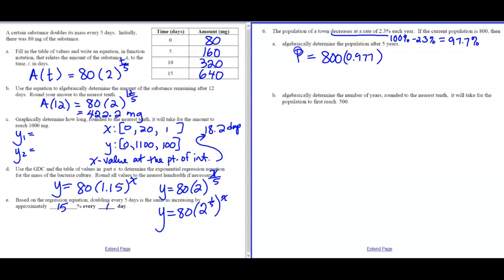And then decreases each year, so that means this would be T in years. Okay, and now we want to find it after 5 years. Again, always check your units.